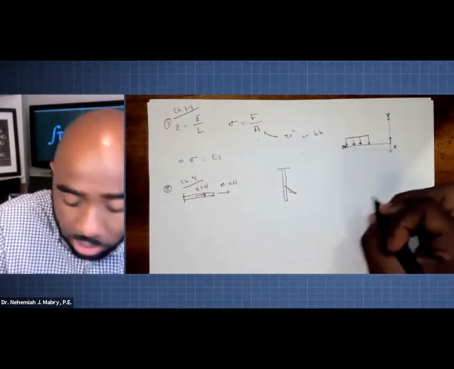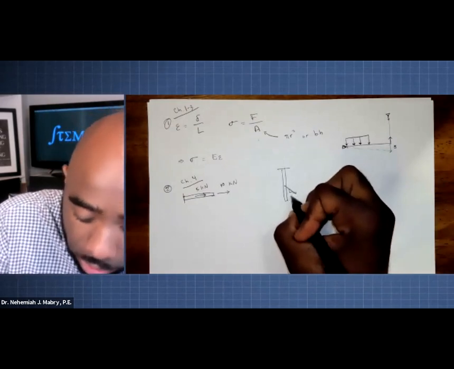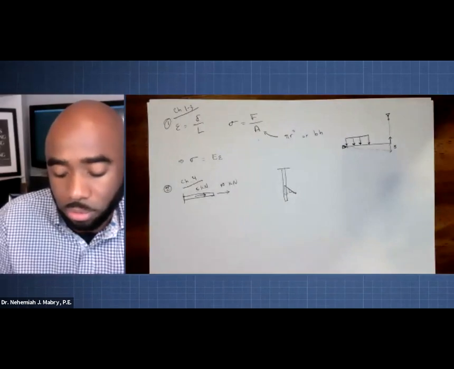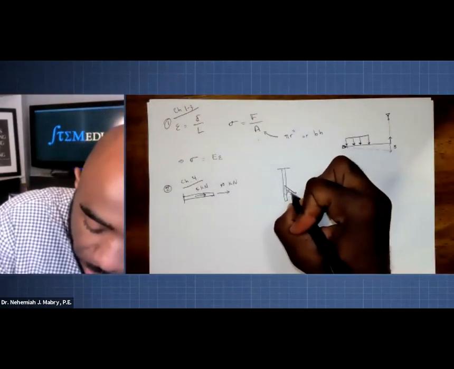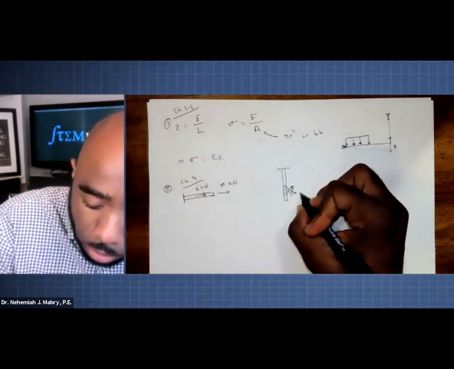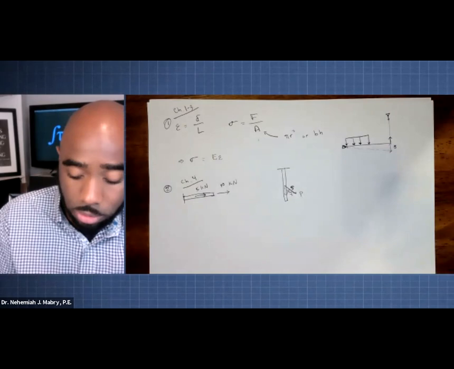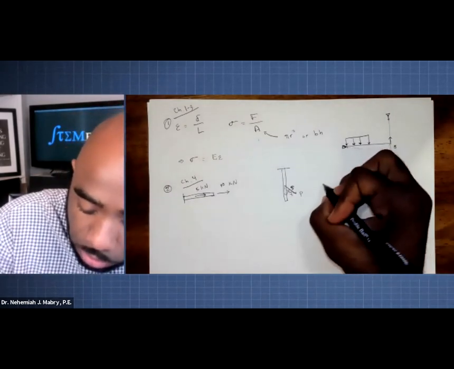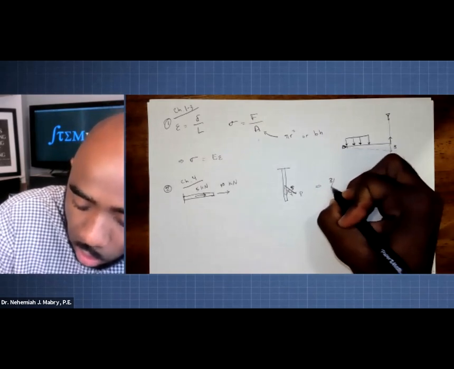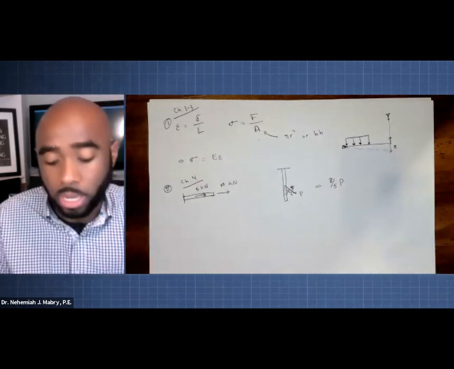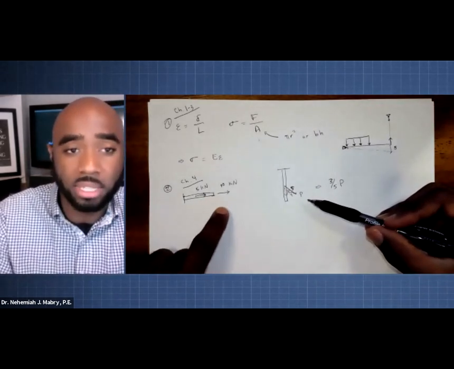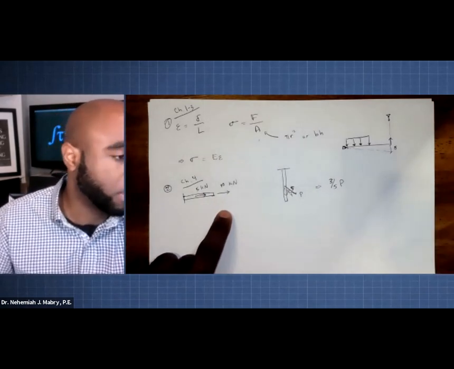What you would do in that case is determine what kind of angle this is and get the axial component of it. So if this is a 3, 4, 5 triangle, and let's just say this is a force P, well, the axial component of it will be 3/5 P, right? So at the end of the day, you're going to make sure you understand what forces are actually being applied to this beam.